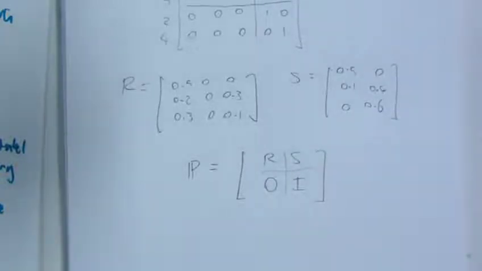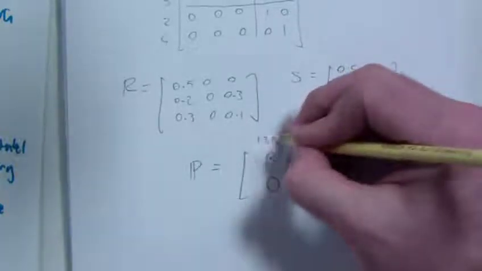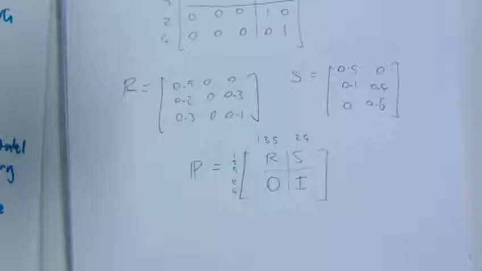A useful thing to keep track of when you do this is to remind yourself which columns belong to which things. So 1, 3, 5, and 2, 4, and this was 1, 3, 5, and 2, 4. Just to keep reminding myself that the states are in a different order than they were to begin with. They're not in the order that's defined by the numbers that they have.